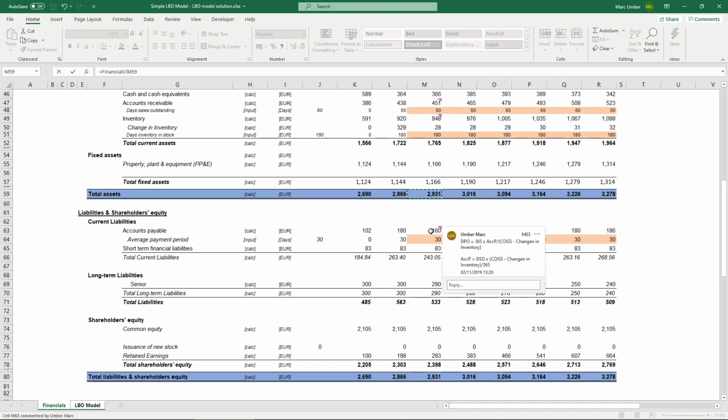Now, since we refinance all liabilities, the current liabilities that are left in the company are just the accounts payable. So we take the total assets minus the accounts payable. We will not take the short-term financial liabilities into account since we refinance them entirely.